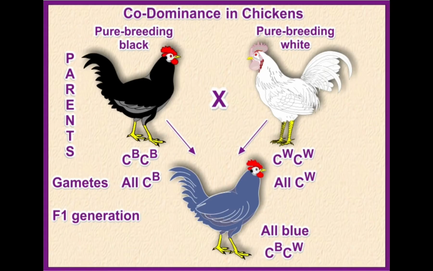Here we have our pure black fowl, and it has 2 versions of that gene, which are black. The white is CWCW, and the first generation results in one of each of these being inherited, and rather than it being black or white, it is actually a mixture, which is blue.